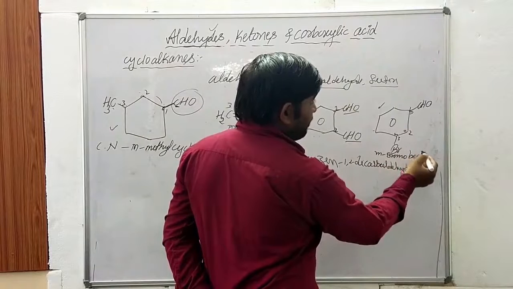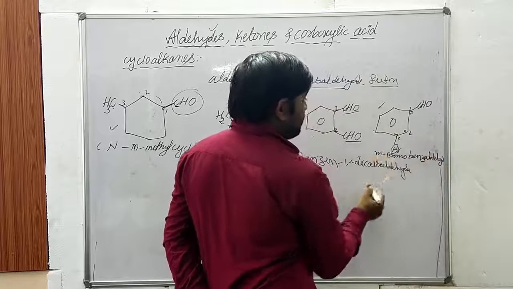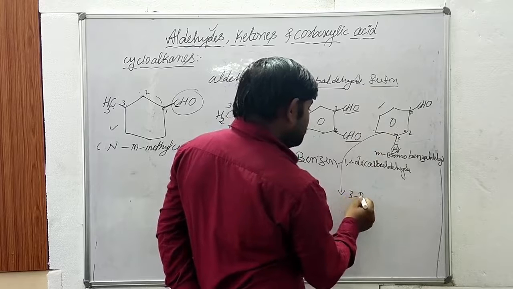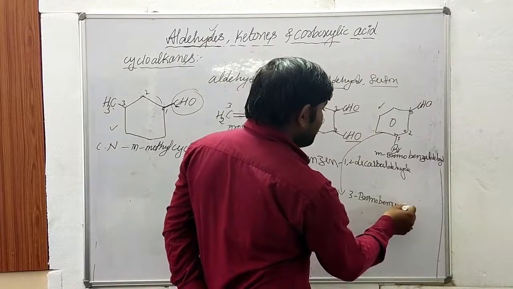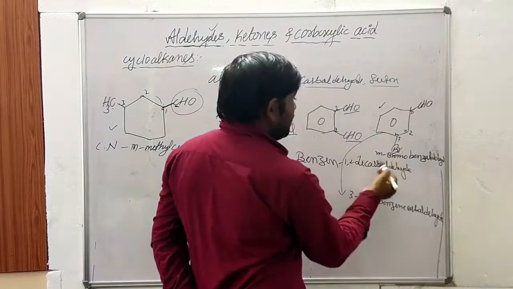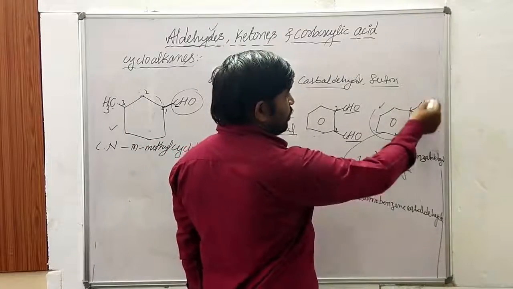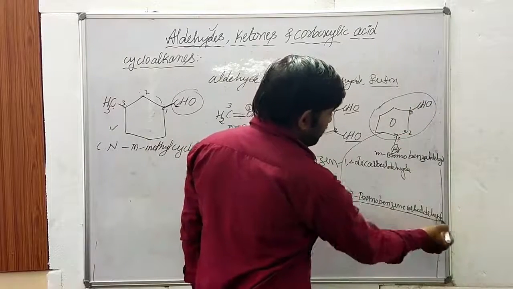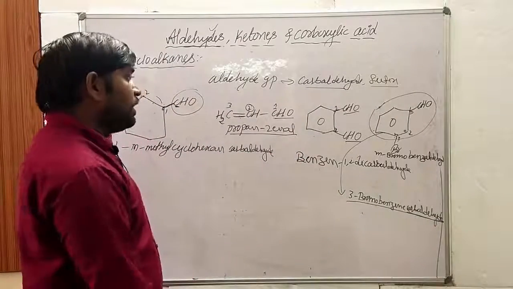So the IUPAC name of this molecule is, here at 3 the bromo group is substituted. 3 bromo benzene carbaldehyde, or 3 bromo benzaldehyde also we may consider. This is 3 bromo, and the entire molecule is considered as benzaldehyde. That's why 3 bromo benzaldehyde is the molecule. Or here I have considered carbaldehyde. Either we may replace by carbaldehyde or benzaldehyde. Both are correct.